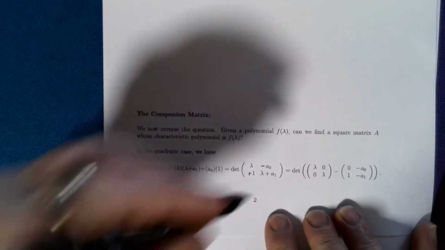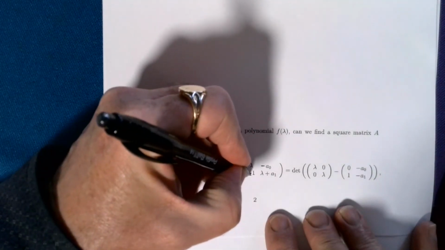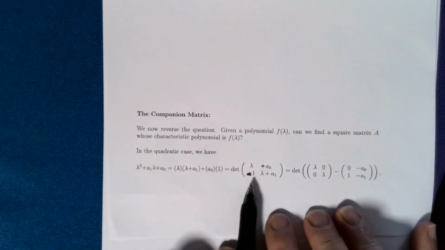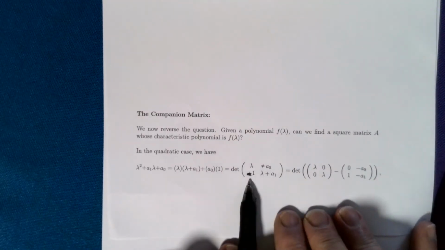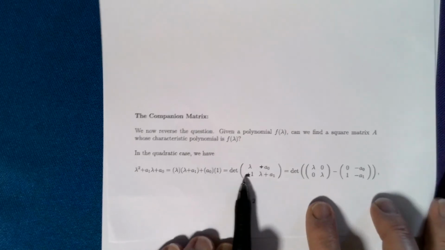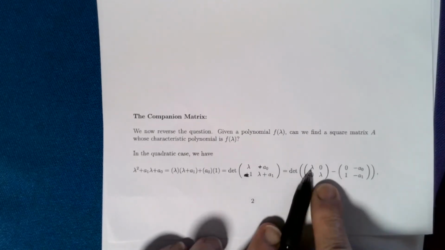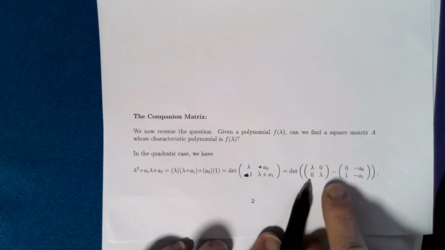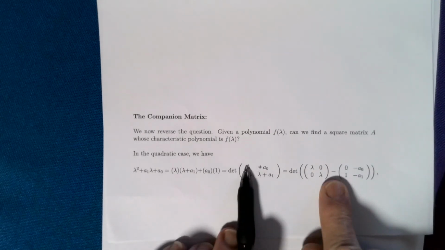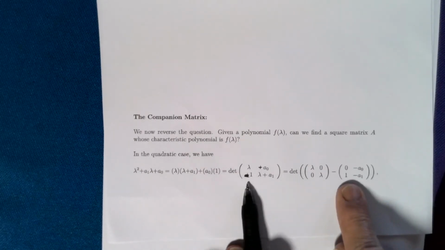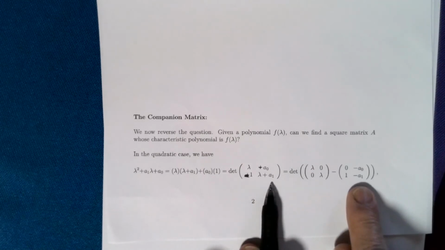Sorry, no, I'll leave it as it was. So it is minus 1. I write this as a0 times minus 1. Now I can write this one as lambda times lambda, and then minus 0. I'll need a minus a0 there to give me the plus a0. I'll need 1 there to give me that one, and then a minus a1 here.